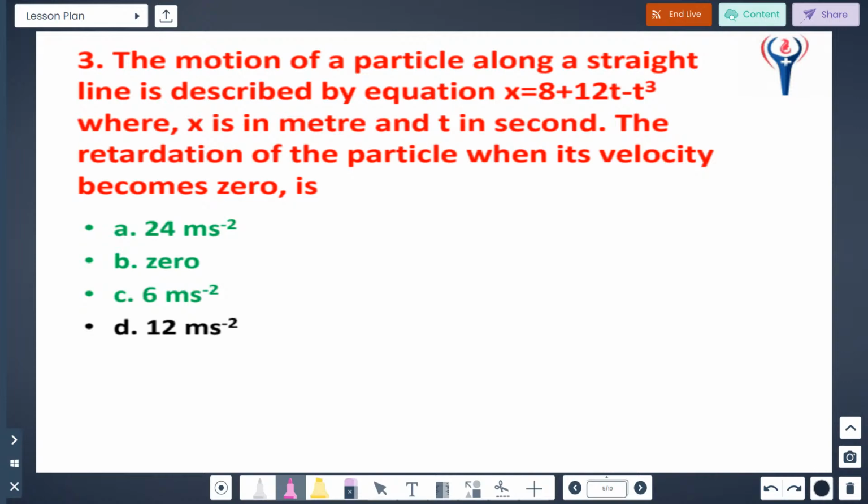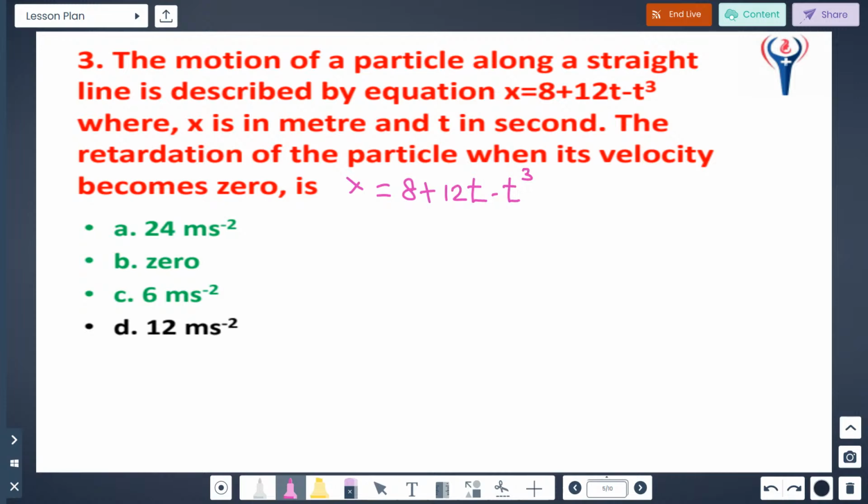What is retardation? That is negative acceleration or decrease in velocity. That is called retardation. Okay. Deceleration or negative acceleration or retardation. Okay, x is given, x is the displacement or distance, x value is 8 plus 12t minus t cube.